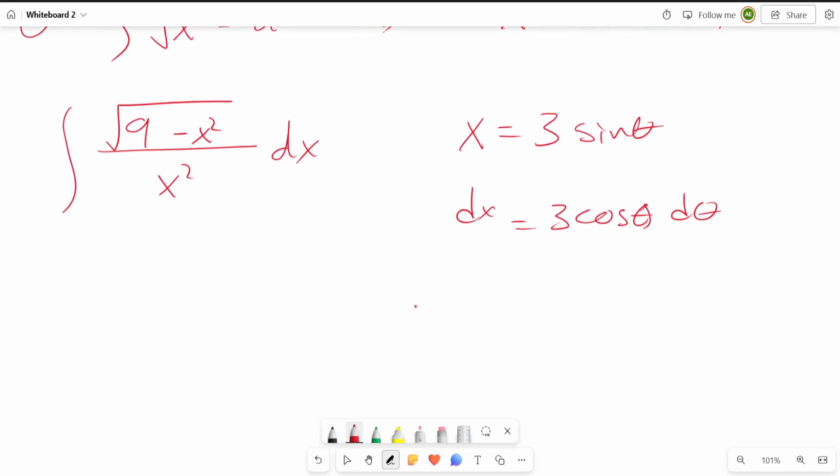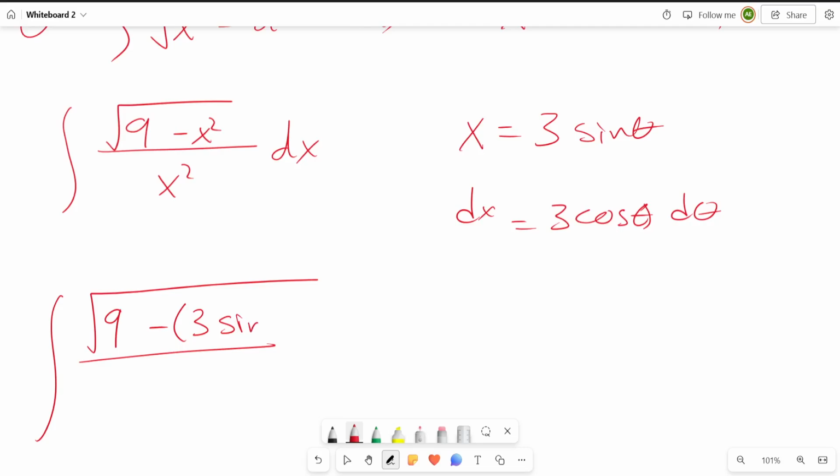Let's now substitute everything. I'll have the integral of the square root of 9 minus x squared. What is x? It's 3 sine theta, and that is squared, over x squared. Again, x is 3 sine theta, all squared. And dx is 3 cosine theta d theta.